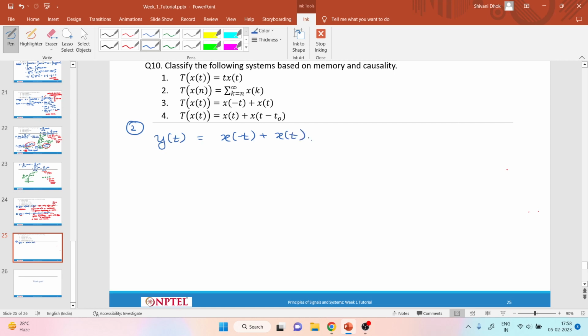Now let us look at two cases. Let's see what is y of 1. It will be x of minus 1 plus x of 1. From this aspect itself, we are able to see past dependency. Now if I'm having a past dependency, then it is not a memoryless system. So it is a system with memory.